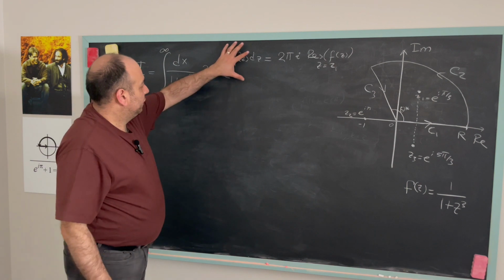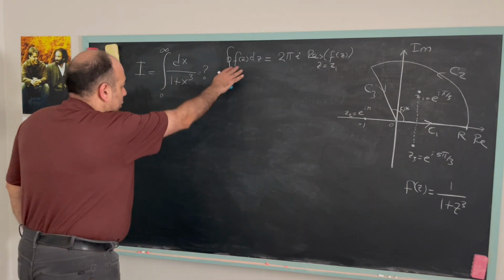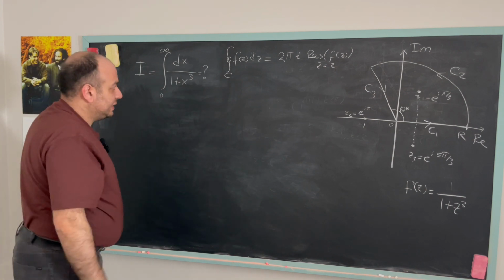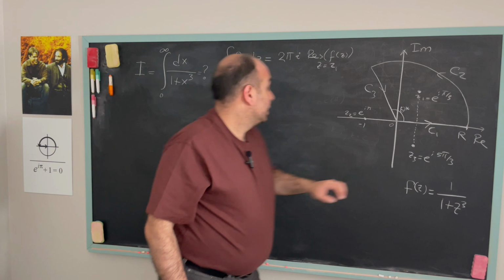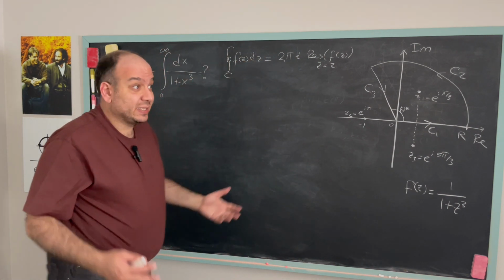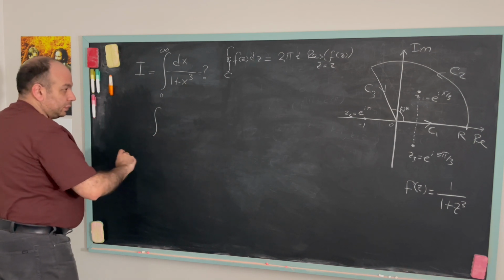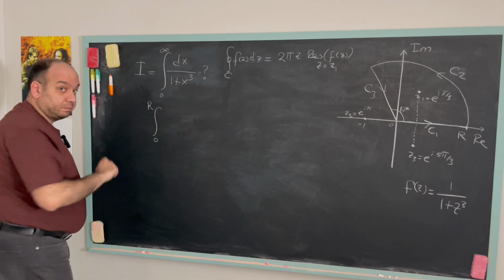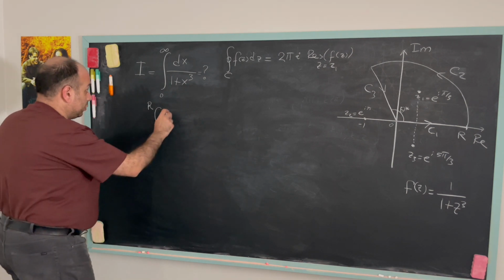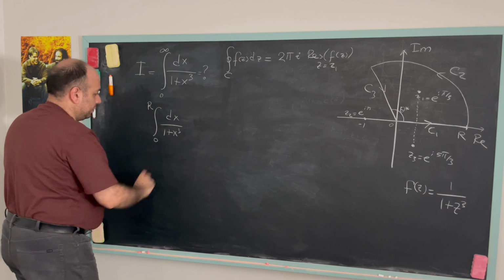We will first find the left-hand side of this contour integral. I first move on C1. I'm on the real axis, so z is nothing but x, z is equal to x. If I move on C1, I simply move from 0 to R. So this becomes dx over 1 plus x cubed.